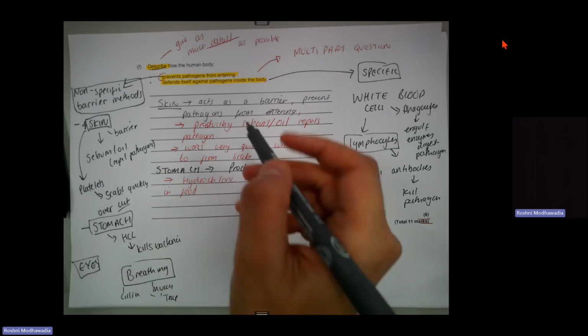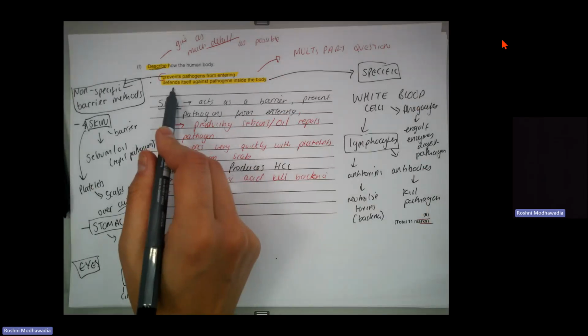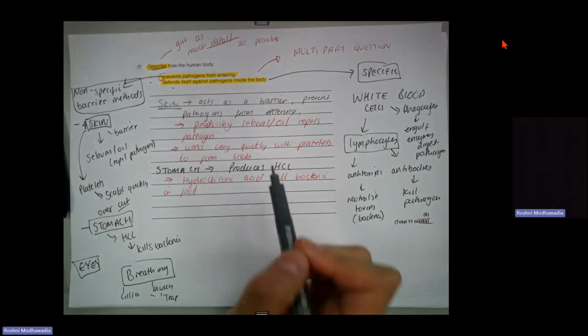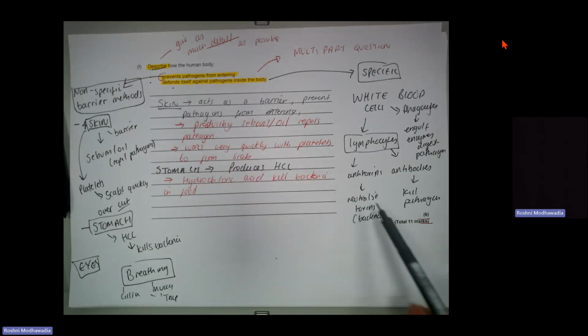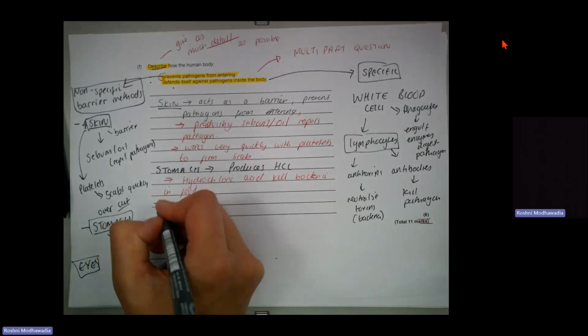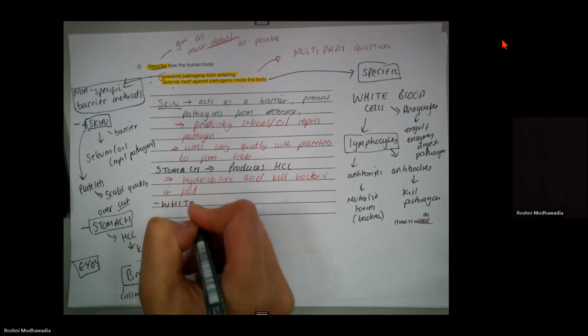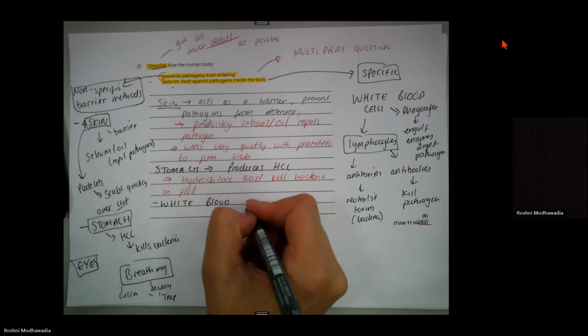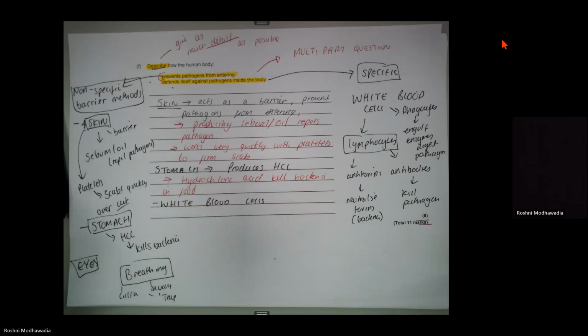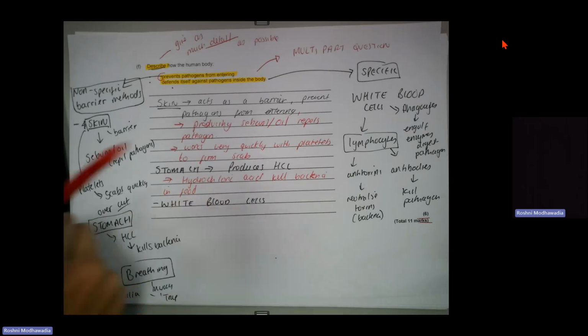Then I'm going to move on to how your body is able to defend itself against pathogens. To get all 6 marks, we need to talk about both. So I'm now going to move over onto the white blood cells. With our white blood cells, I'm going to first talk about phagocytes.